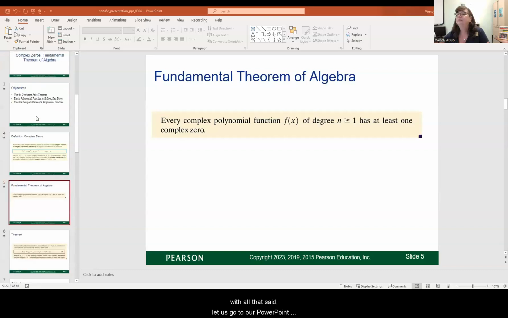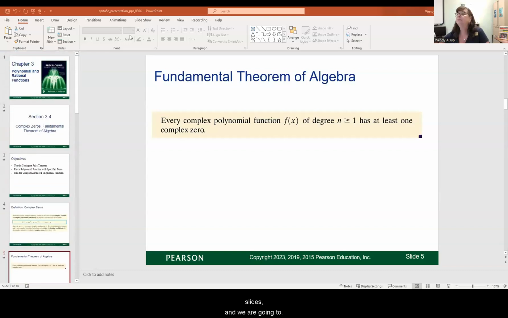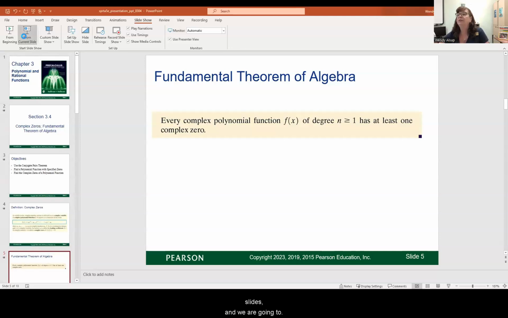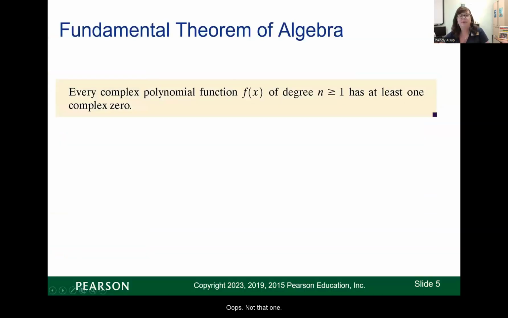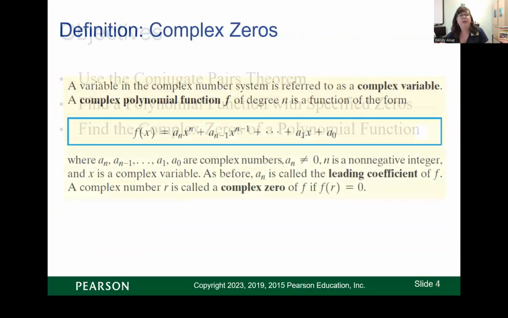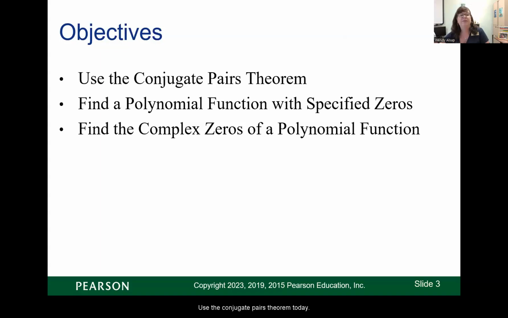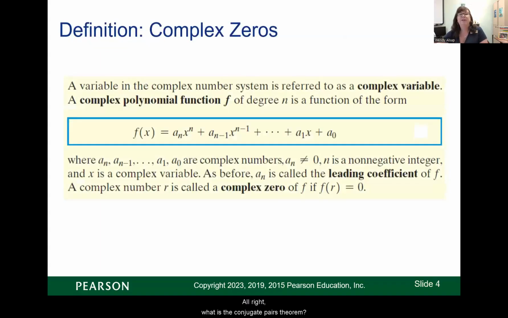All right, now with all that said, let us go to our PowerPoint slides. We are going to use the conjugate pairs theorem today. All right, what is the conjugate pairs theorem?